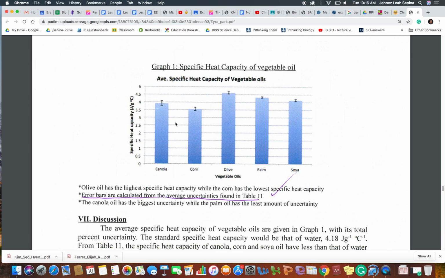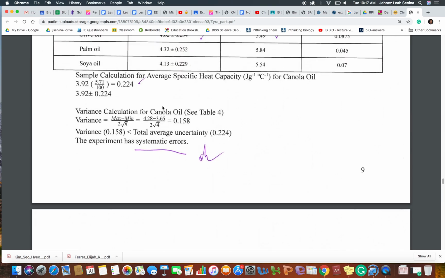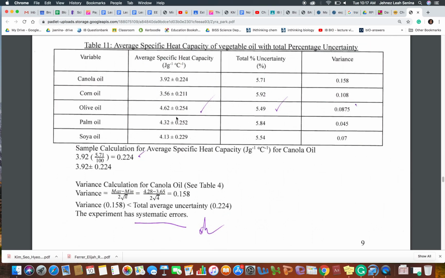By the way, in bio, I taught you how to put error bars, right? In bio, error bars are based on what? The calculated standard deviation. In chemistry, the error bars are based on your final calculation of absolute uncertainty right here.